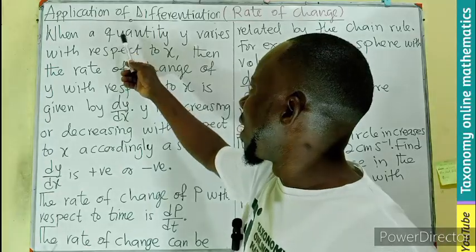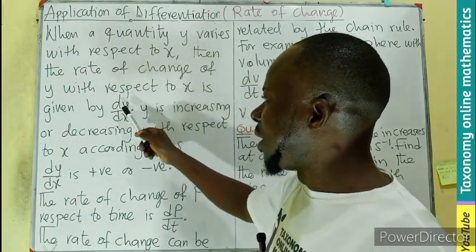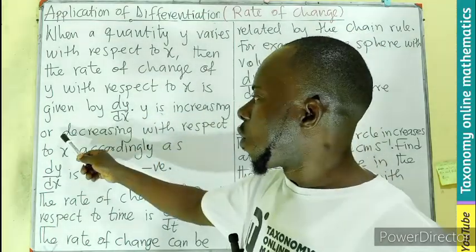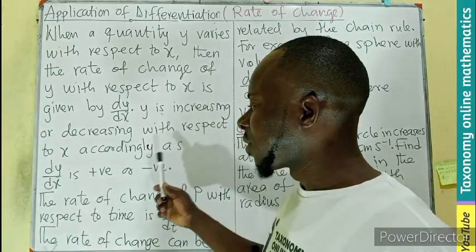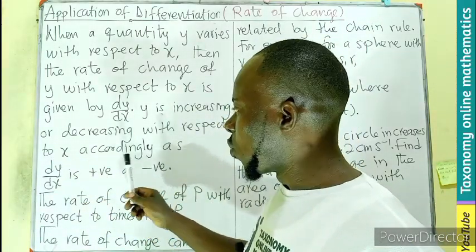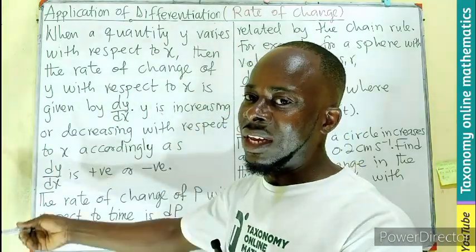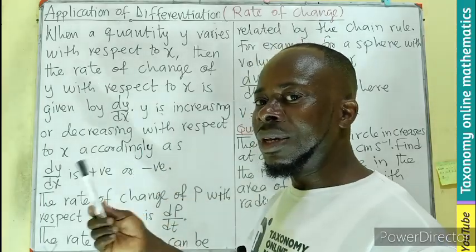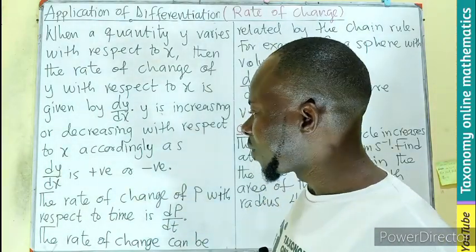If it is the quantities p and r, it will be dp/dr. y is increasing or decreasing with respect to x accordingly as dy/dx is positive or negative. When dy/dx is positive, y is increasing with respect to x. If it is negative, y is decreasing with respect to x. That's the rate of change.